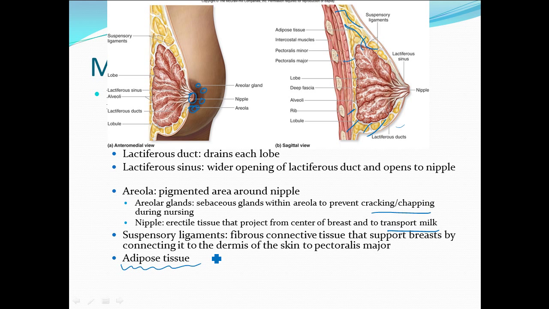So females with larger breasts will have a lot more adipose tissue. When people get older, they have sagging. Yes, and why? Because of the ligaments? Yeah, the ligaments are getting worn out. Exactly.